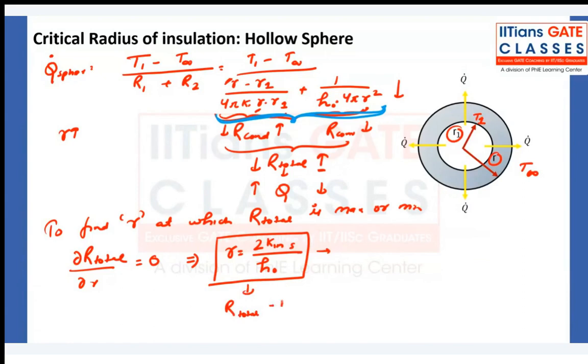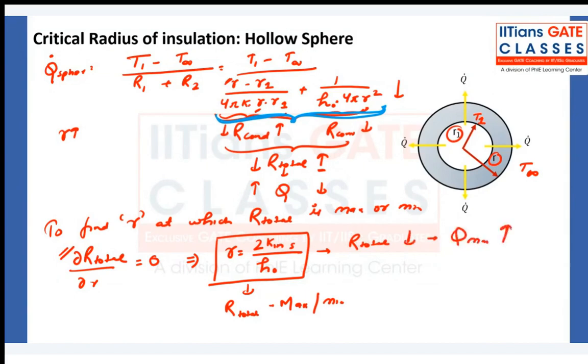So how do I find out whether it is maximum or minimum? I'll differentiate it one more time, put the value of R. Okay. So I can find out that at this, R total is minimum and heat transfer is maximum.